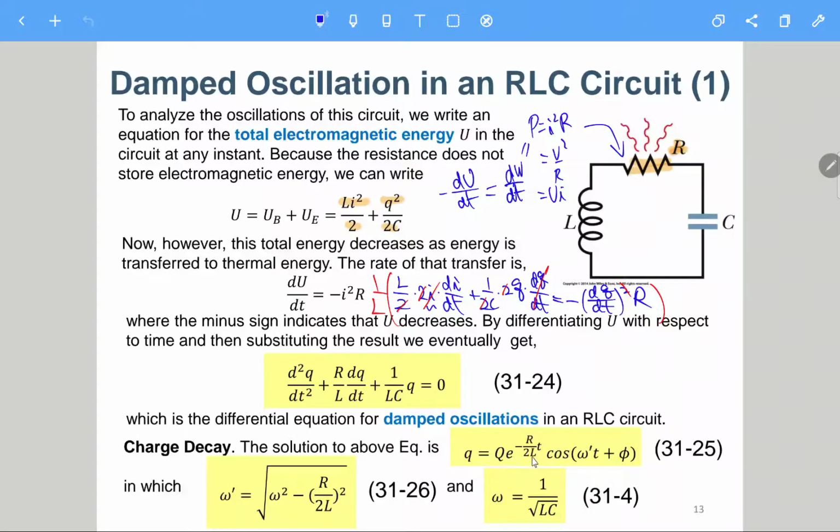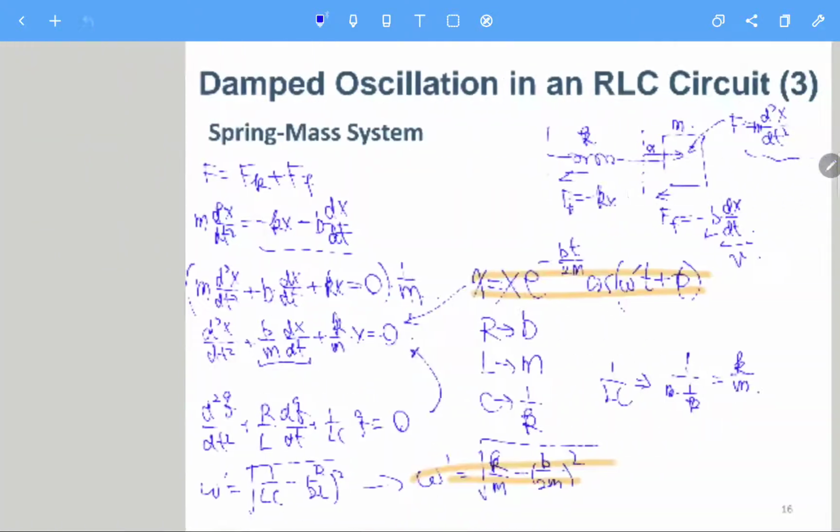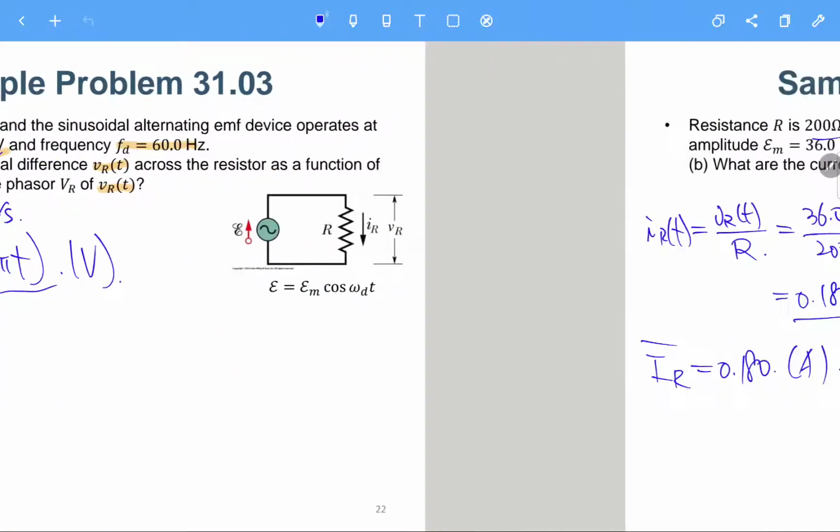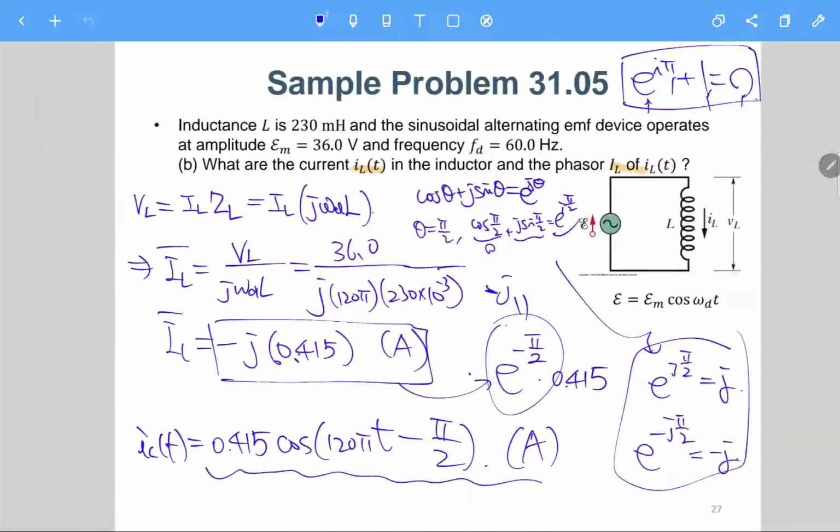We have this exponential function with a negative exponent, which means that when t is large enough, this term tends to 0. This response is only related to the system itself, and it will vanish as time passes. So finally, the solution will only be determined by the input.